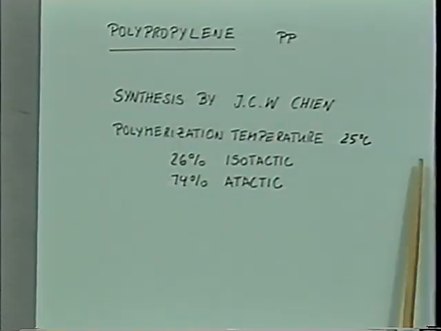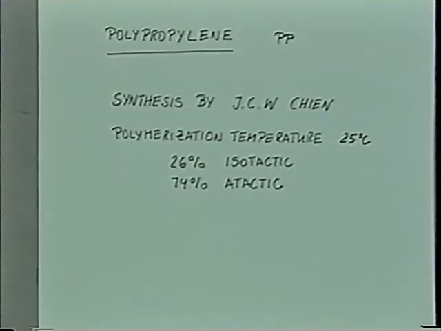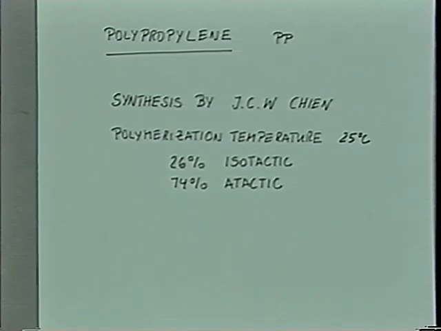At that time, we got interesting polymers produced by Professor Chen here in the polymer science department. He changed the polymerization mechanism on a polypropylene so that he could produce long linear chains with alternating sequences.